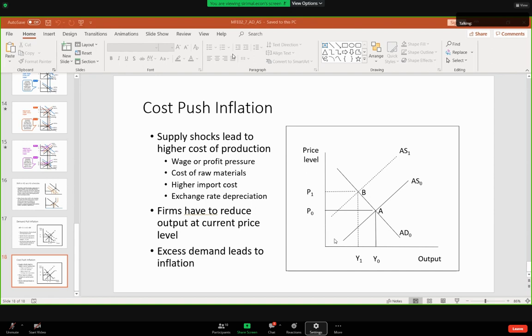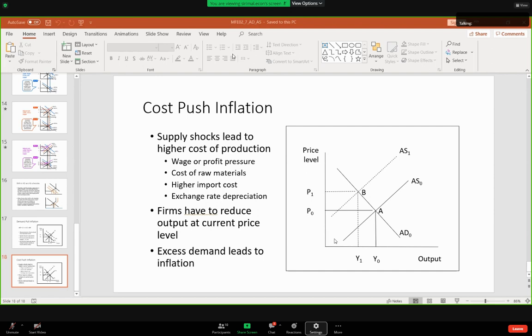There is a question: why should output rise when there is unemployment? Yes, that is exactly the point. When there is unemployment, wages don't go up. Even if the prices go up, wages do not go up. And that means real wages go down. When the real wages go down, according to the going nominal wage level, there is no wage pressure.